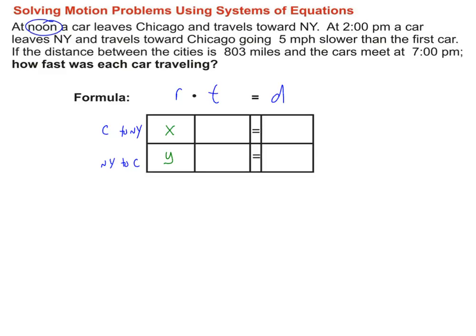If you look at the bottom of the third line there, the right-hand side, it says the cars meet at 7 p.m. So this first car left at noon, and it met the other car at 7 p.m. Noon to 7 p.m., 7 hours. That's not hard. Looking at the second car, it leaves at 2 p.m., and again, they meet at 7. 2 to 7, 5 hours. And now we have the time column completed.